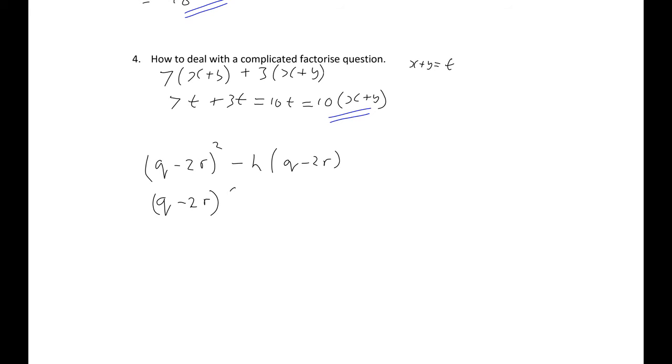They've both got it. This first bracket was q minus 2r times q minus 2r, so I've got a q minus 2r left in there, and the second bracket was q minus 2r times minus h, so I've got a minus h. Now that is a difficult question to deal with, but it's really useful if you can.